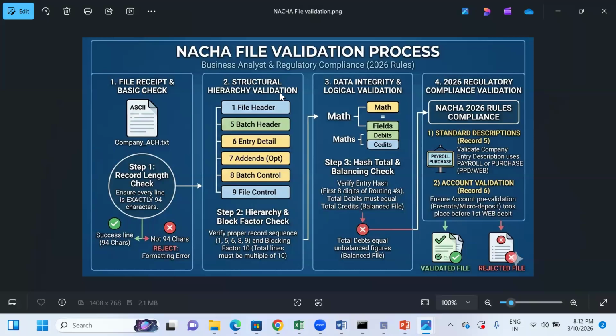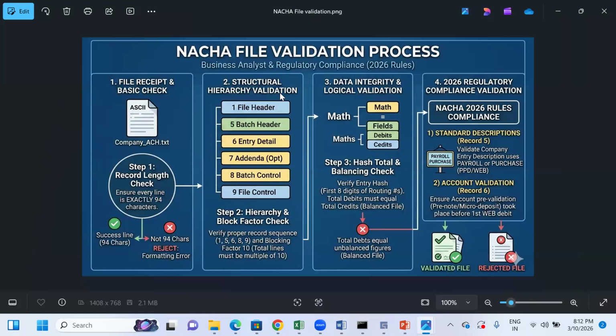Second, about file headers. Normally, people can ask you questions relating to what is a file header, what is a batch header, etc. Any idea on file headers? File header basically gives the information about who is the sending bank, who is the receiving bank, and the date and time the file was created.